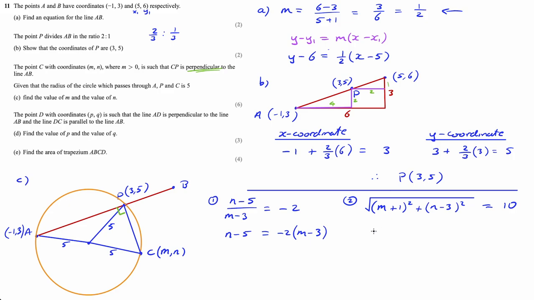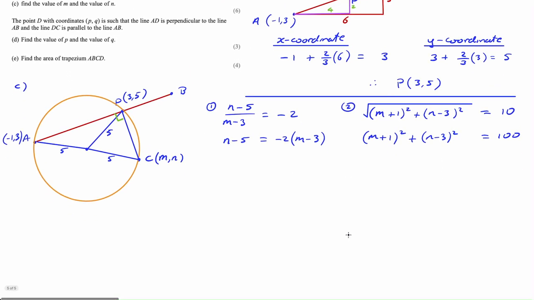Square both sides, I get m plus 1 squared plus n minus 3 squared equals 100. Okay, now to solve this, guys, this is like an IGCSE simultaneous equation where one of them is non-linear.